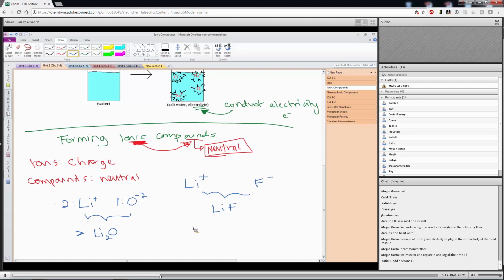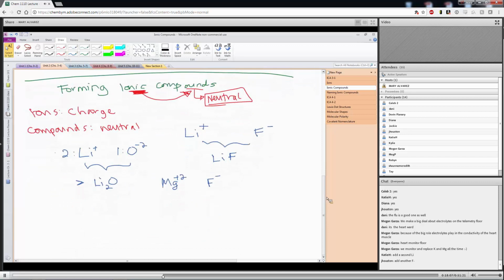Okay. What if I was making a compound between magnesium, which is +2, and fluorine, which is -1? What would I have to do then? You'd have to add another fluoride.